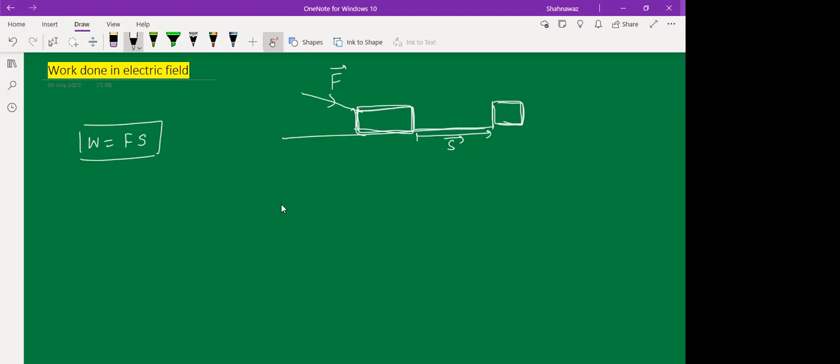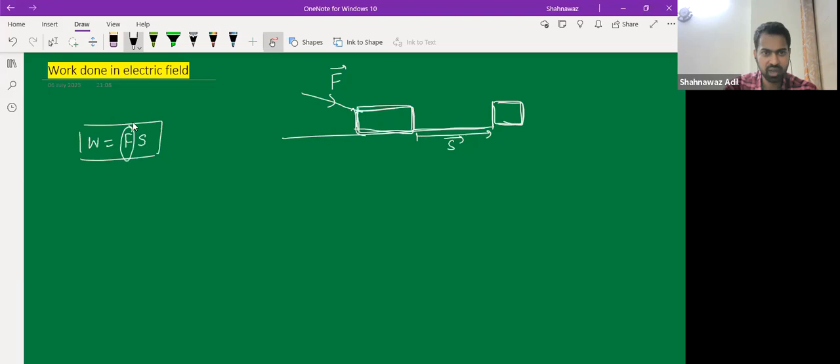This F can be of two types. Let me write first: this F can be uniform, or this F can be variable.